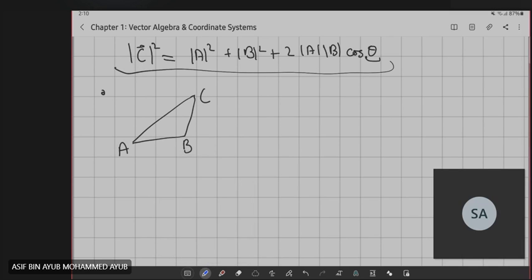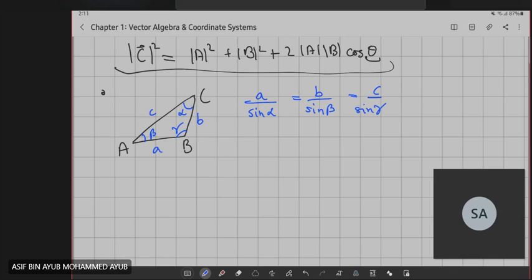and you have the side lengths A, B, and C, and the angles alpha, beta, and gamma. The way you get these angles is like this: A over sine alpha equals B over sine beta equals C over sine gamma.